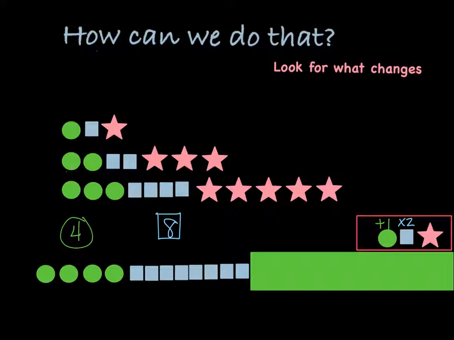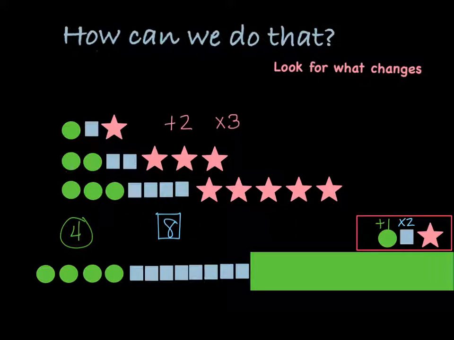Now, for the third and final piece, I'm going to be looking at my red star. In step 1, I have 1 red star, and in step 2, I have 3 red stars. So there are 2 ways that I could get there. I could add 2, or I could multiply by 3. So now I have to look at how I'm going to get from 3 to what I have here, which is 5.